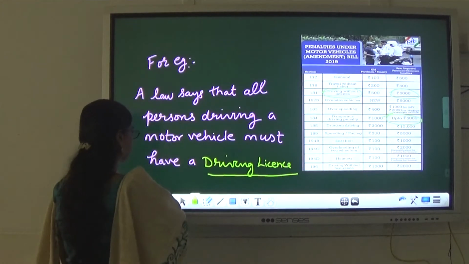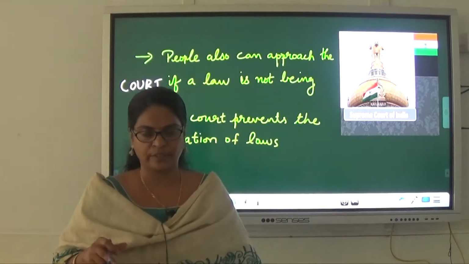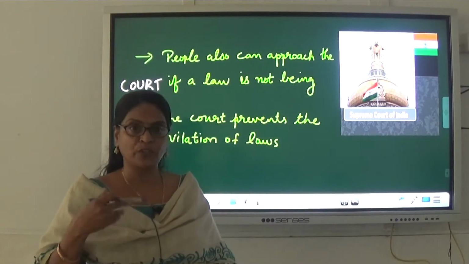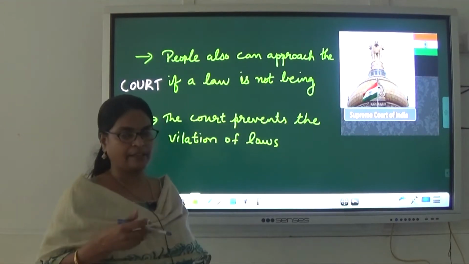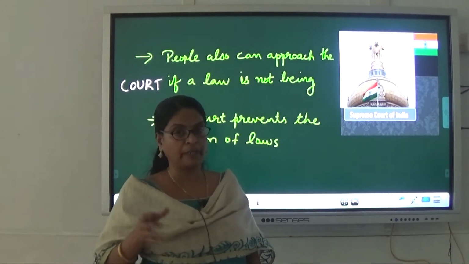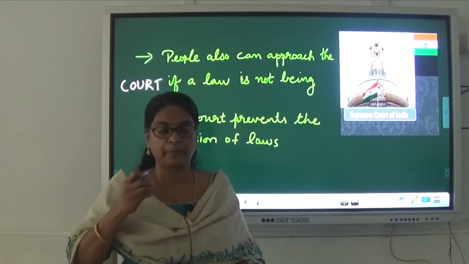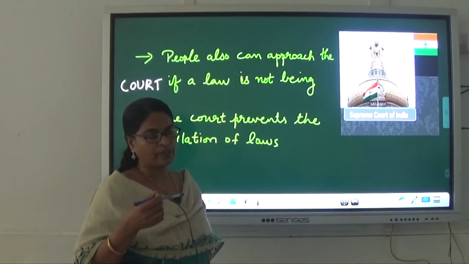Now children, people can also approach the court. The court safeguards the laws, right? In some cases, if people feel that a law has not been practiced or followed, they can approach the court and claim it.